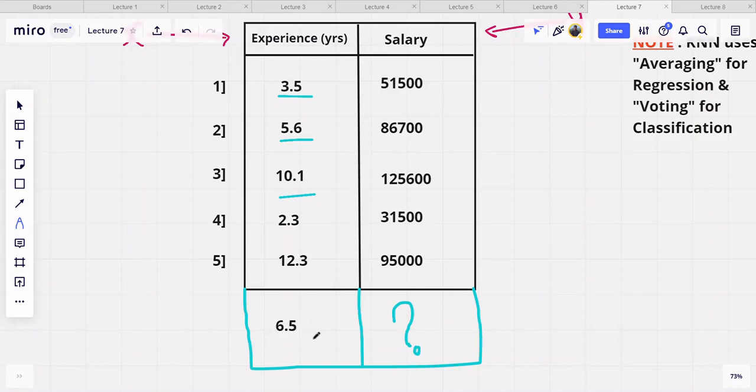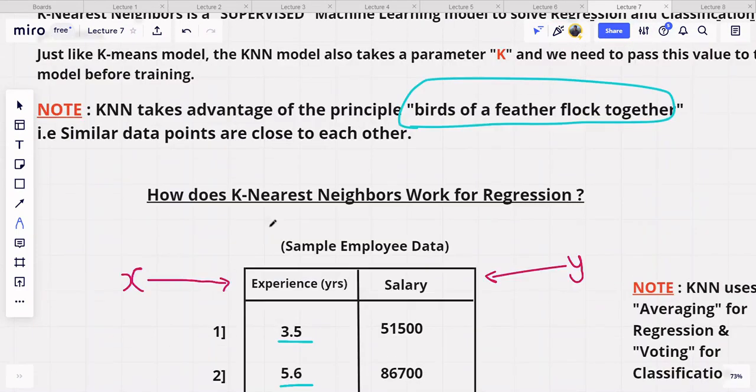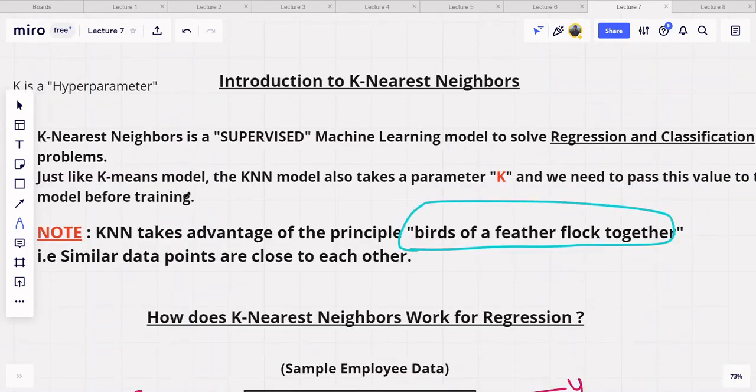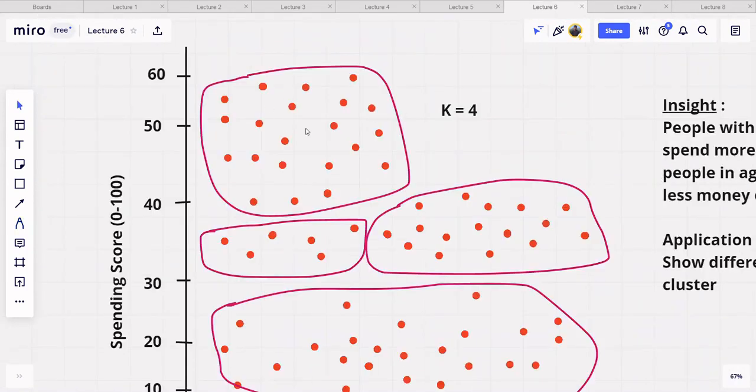So what we are trying to do here is look at data points which are close to this value, because, as I said, data points which are close to each other have similar values. For example, in the k-means clustering problem, we saw that samples belonging to a certain cluster are very similar to each other.